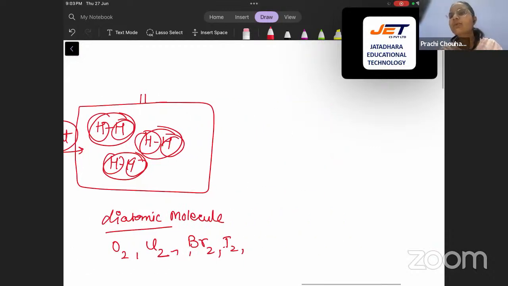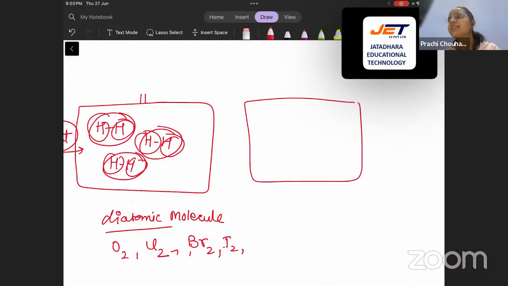Now, let's suppose I have a beaker with water in it. Water will be oxygen attached to hydrogen. So in compounds, throughout this water, all of the molecules will have the same composition.